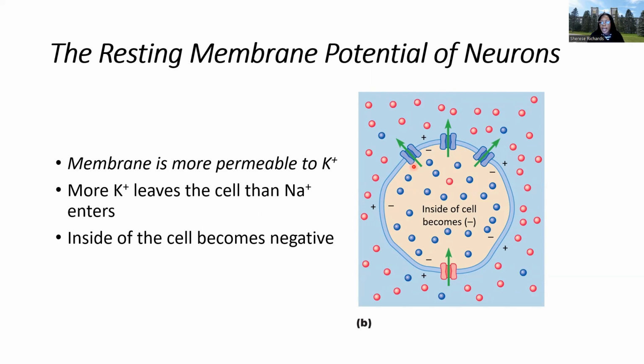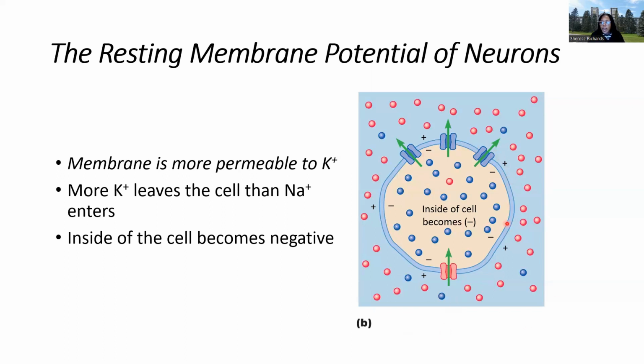So even though we have an equal concentration gradient for both of these ions, in actuality, potassium has more of an opportunity to move because the membrane is more permeable to potassium. Sodium has less opportunities to move because the membrane is less permeable to sodium.